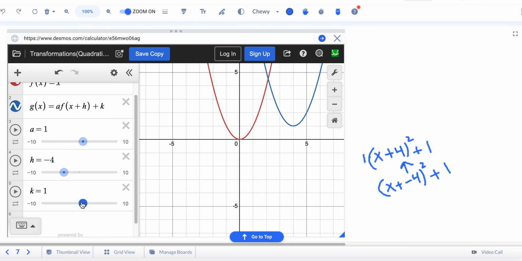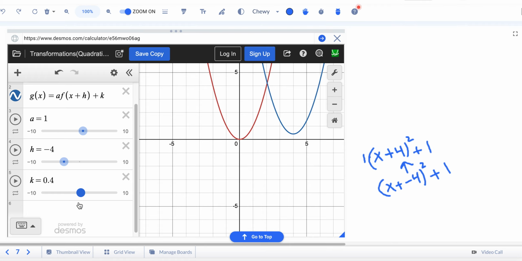But what happened if I go negative? Let's see what happened as I move down to the negative. My graph is moving down. So here's -2, it moved down 2 units. If I go to -3, it moved down 3 units. If I go to -4, it moved down 4 units. -5, that's -5.